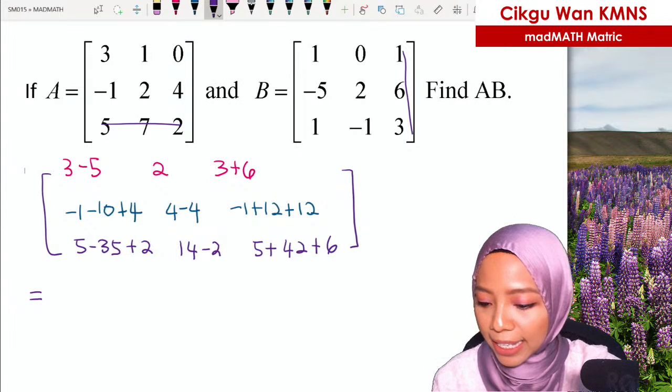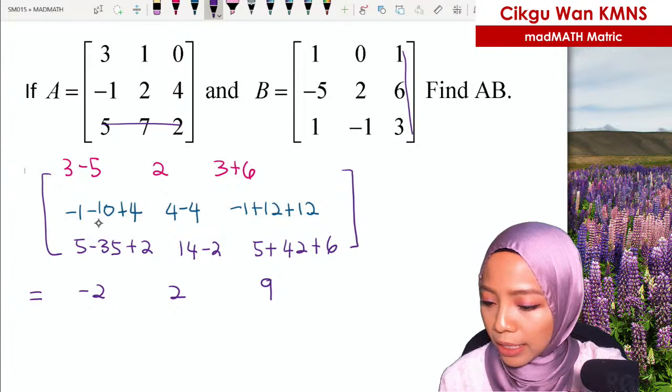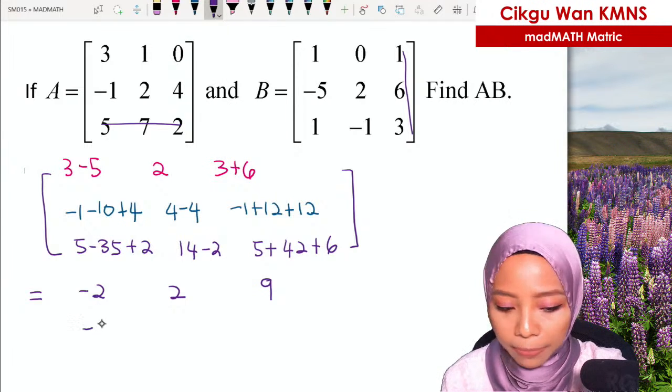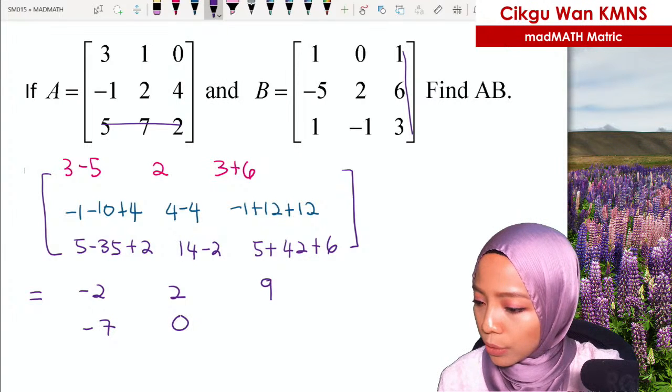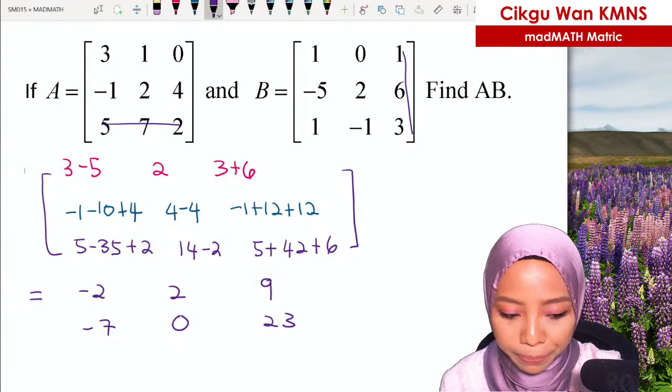Yes? Negative 2, 9. And this one, negative 11 plus 4, negative 7. 0. 12, 12, 24. Minus 1, 23. Negative 35 tambah 7. Berapa?